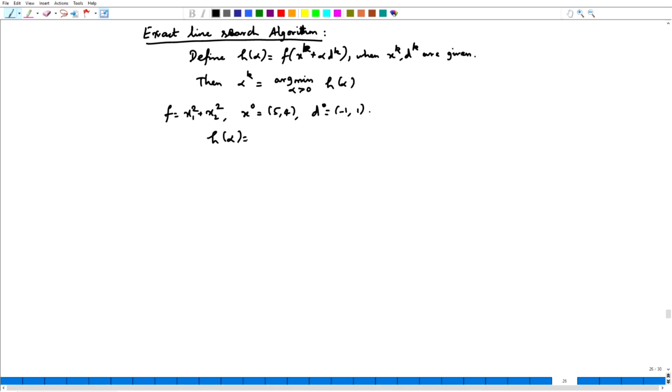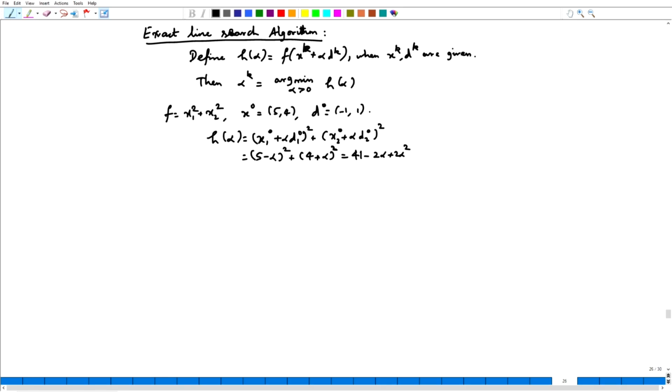H of alpha is just x 1 0 plus alpha d 1 0 the whole squared plus x 2 0 plus alpha d 2 0 the whole squared. Just substitute the values, you get 5 minus alpha the whole squared plus 4 plus alpha the whole squared. We have derived this in the last class, it is 41 minus 2 alpha plus 2 alpha squared.